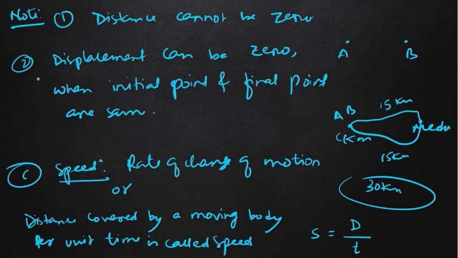Now we can find the unit. Speed equals distance by time. Before going to the unit, you can say whether it is scalar or vector.